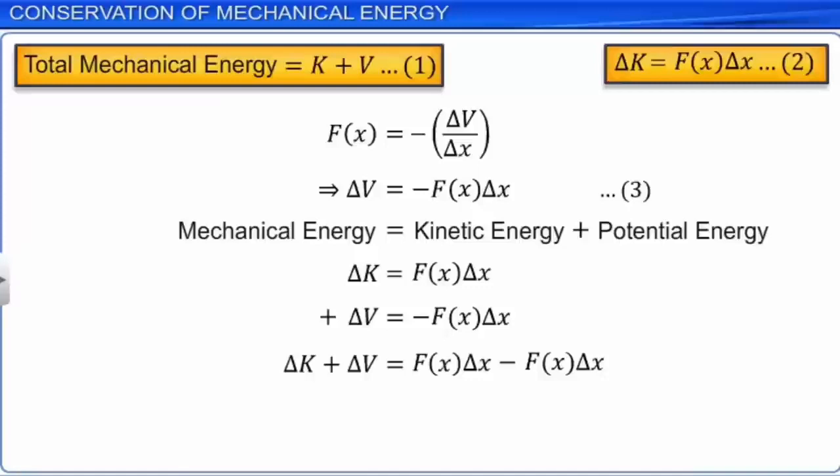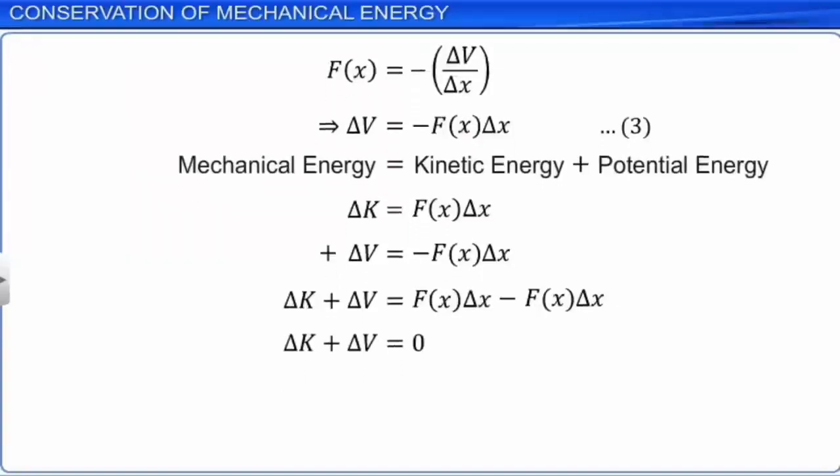Thus, delta K + delta V = 0. In other words, we can say that delta of (K + V) = 0. Let this be equation 4.